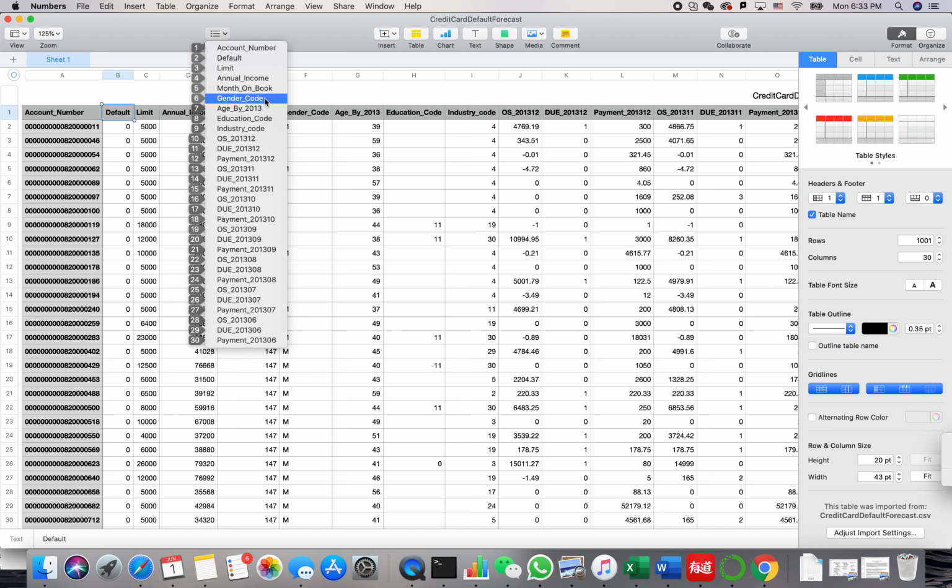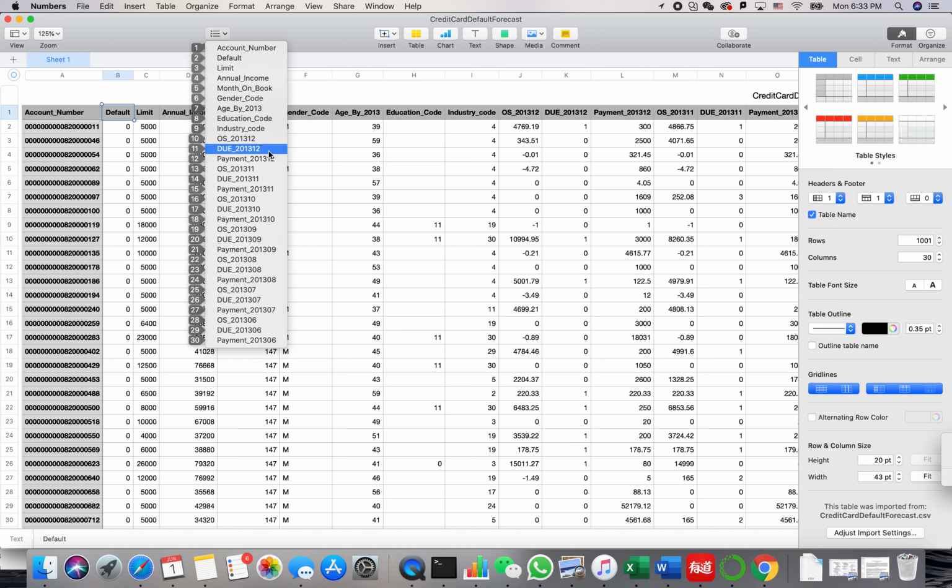bank, and their gender, age, education, industry, those kinds of private information. OS means outstanding, that is, the maximum amount of money they didn't pay the bank.